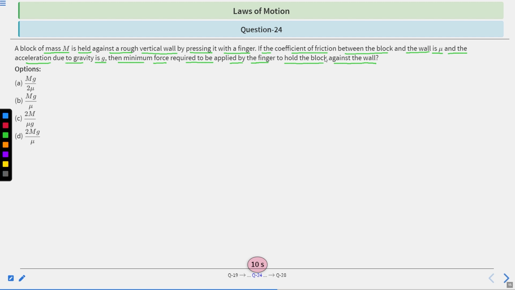Option A mg upon 2 mu, B mg upon mu, C 2mg upon mu, and D 2mg upon mu. Which option is correct? You have 10 seconds to solve this question. After that we will provide the solution.